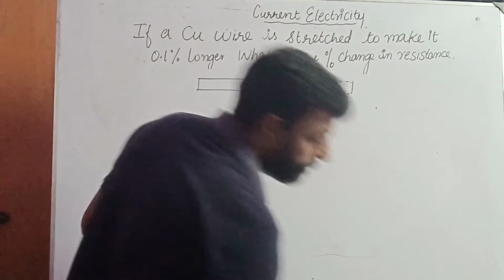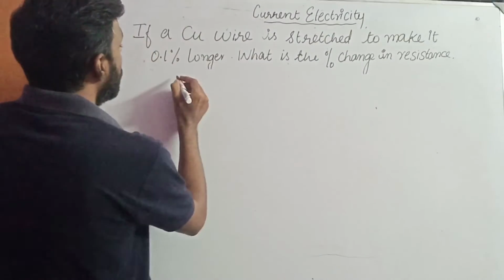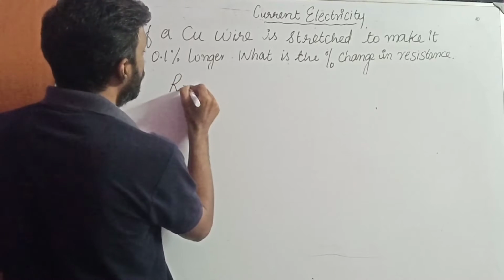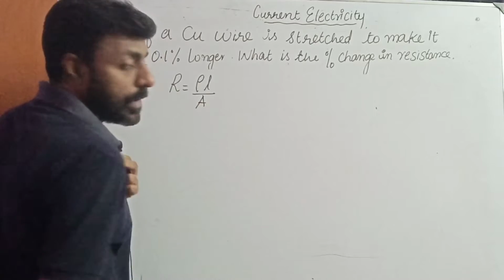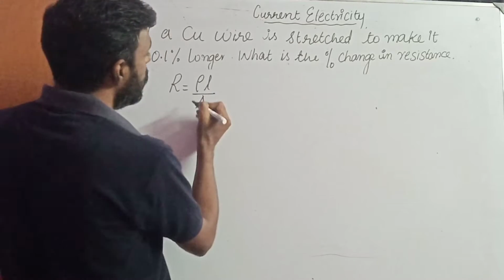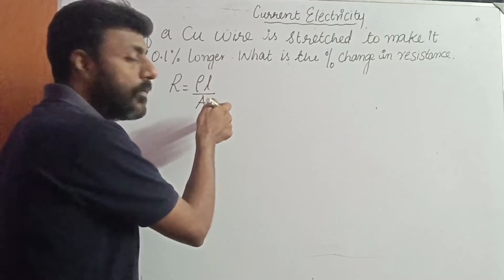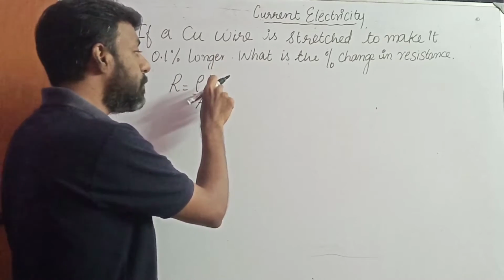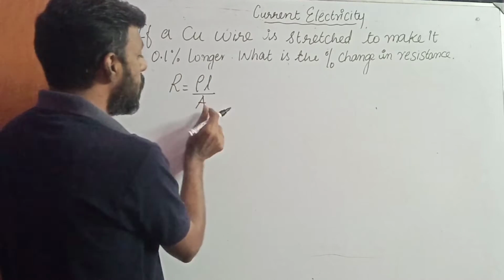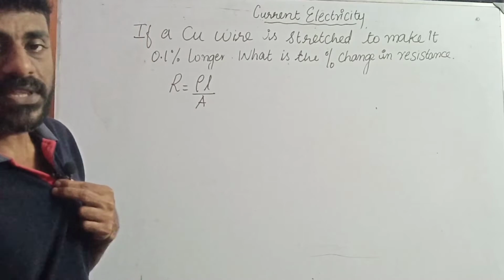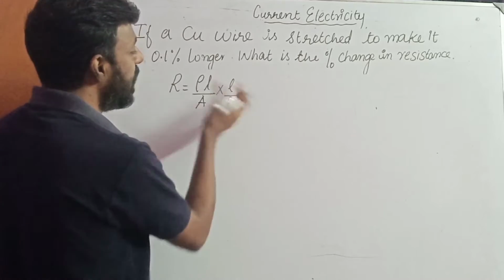We know the formula for resistance, R equal to rho into L divided by A. Now I'm going to multiply and divide by L, the numerator and the denominator, so that even though I multiply by L divided by L, my value won't change.